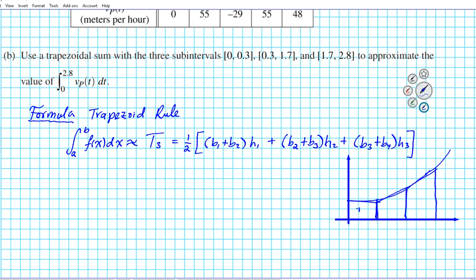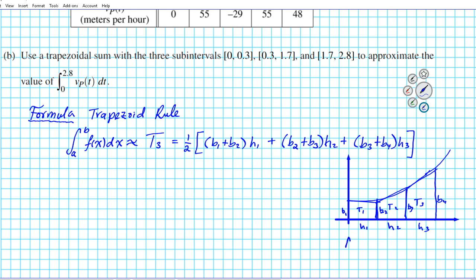So this is T1, T2, T3. For each trapezoid, notice you have 2 parallel sides and a base. So this represents the height, H1, H2, H3. And then you have B1, this is the first base, B1, B2, B3, and this is B4 right there.